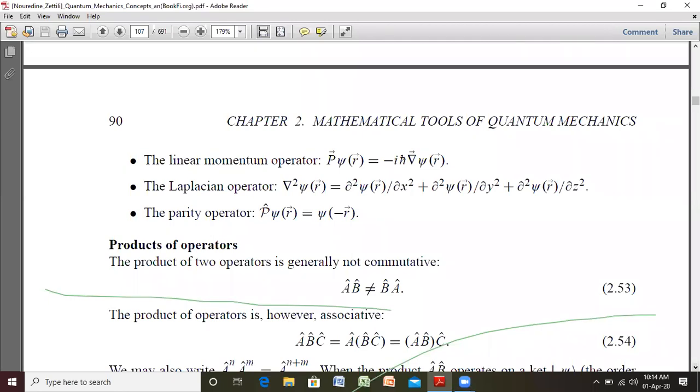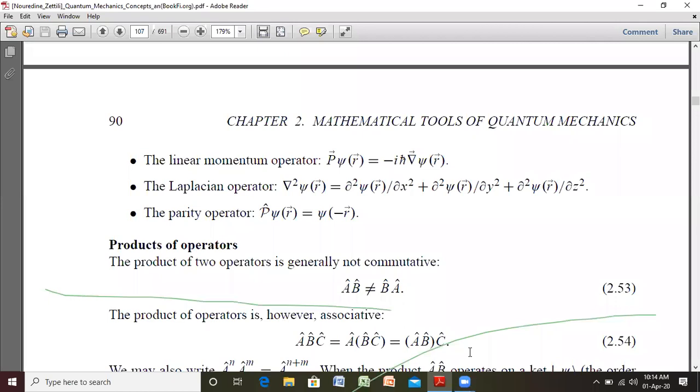We will not go into its derivation at this point, but we consider it as it is: the x component of the momentum operator, px, is equal to minus i h-bar partial by partial x. This actually comes from the uncertainty principle. We can derive it from the uncertainty principle, but I'm not going into its derivation. I'm just telling you the value.